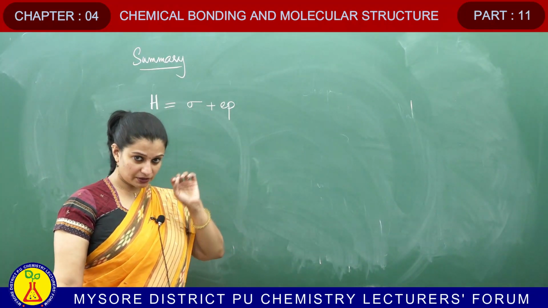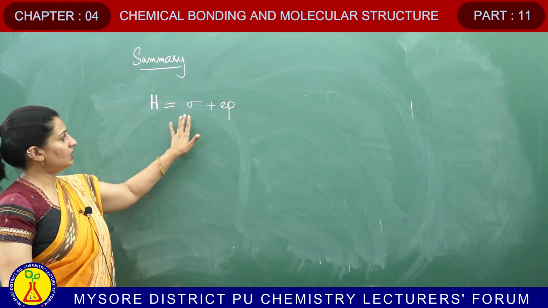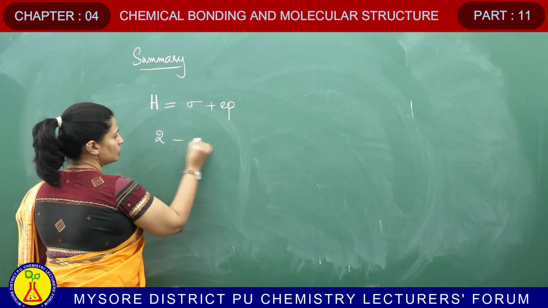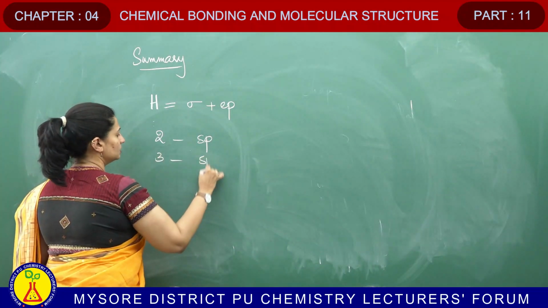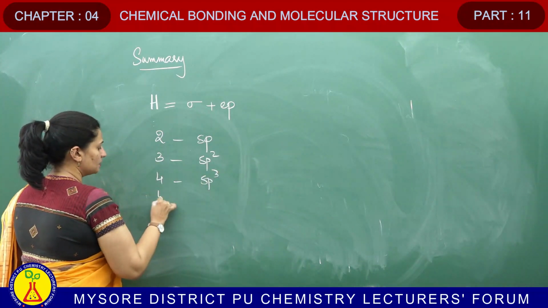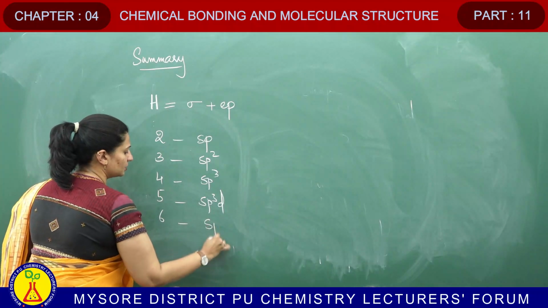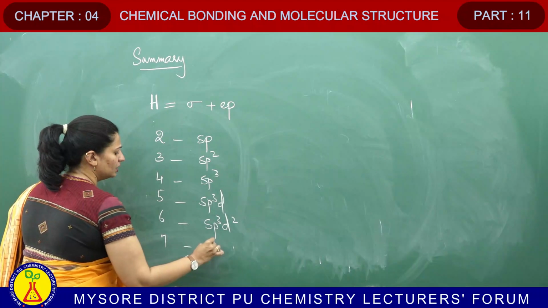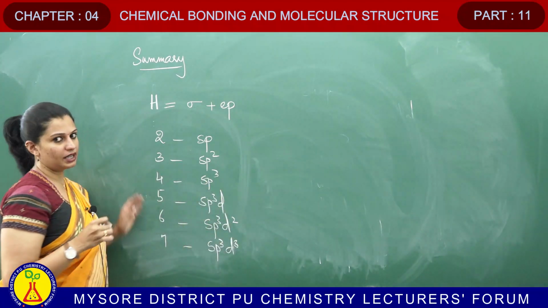So you count the number of sigma bonds and any electron pairs, lone pairs. If this value comes out to be 2, it is sp hybridization. If it is 3, sp2. If it is 4, then it is sp3. If it comes out to be 5, then you take sp3d. If it is 6, you take it as sp3d2, and there is one more, which is sp3d3. So these are the different hybridizations.